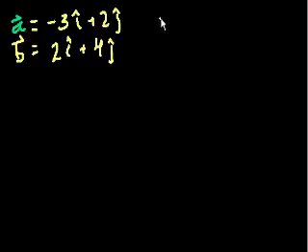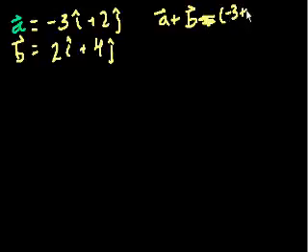So these two vectors, A plus B, these little arrows on top just say that those are vectors, equals minus 3 plus 2 i, plus 2 plus 4 j.